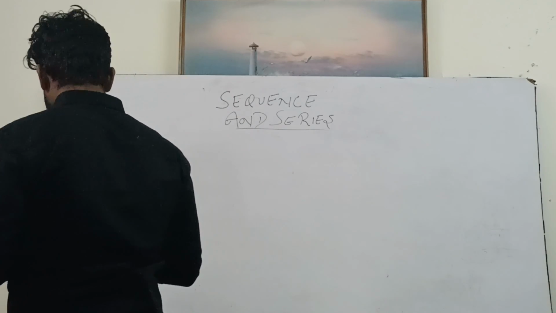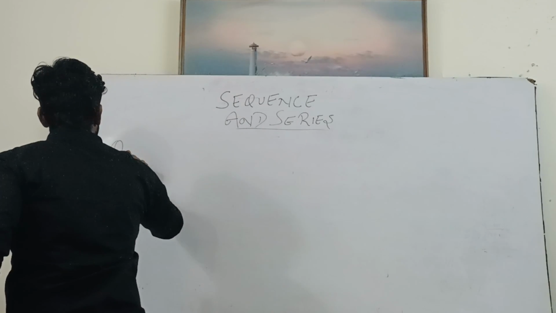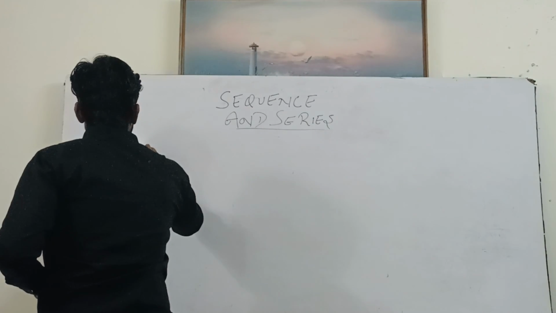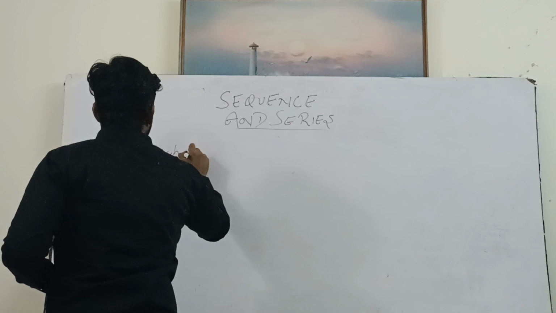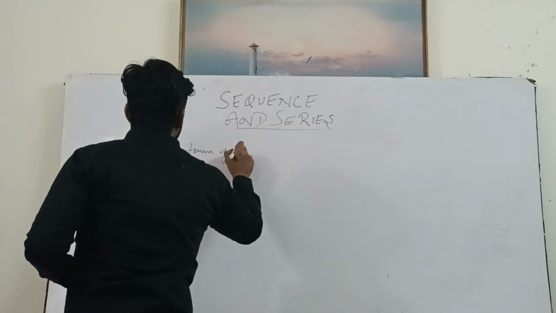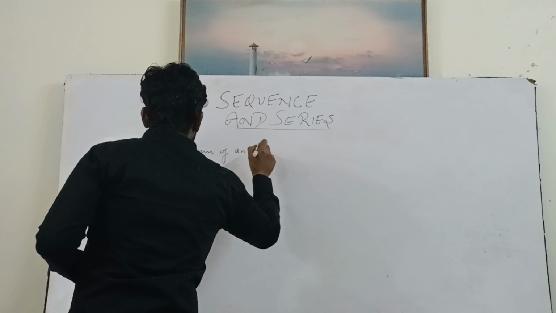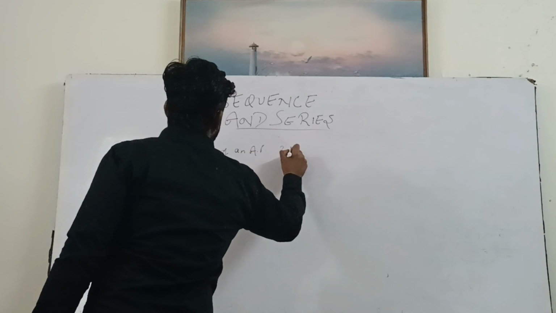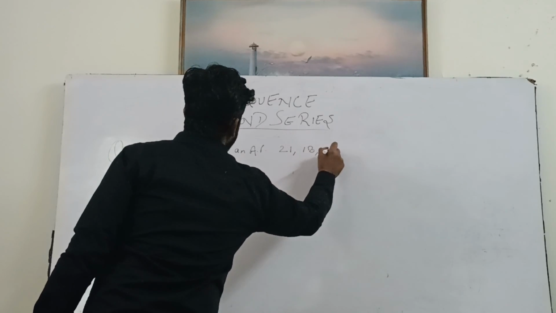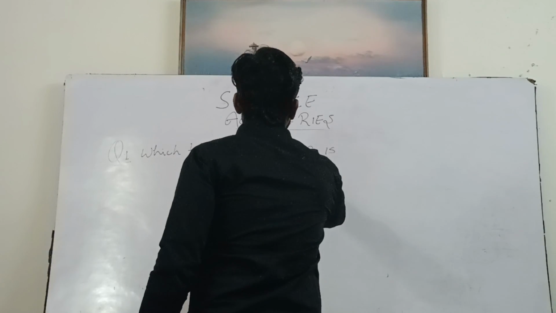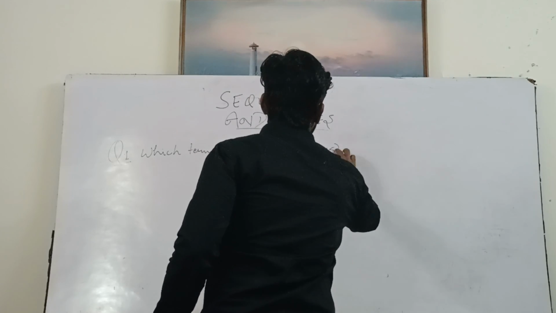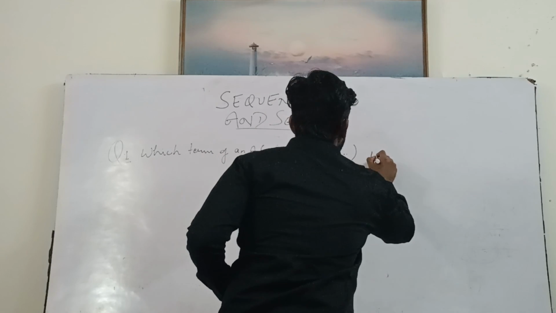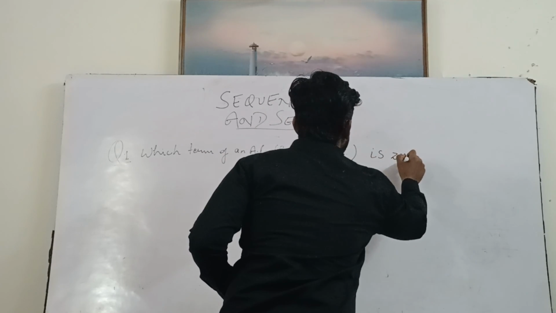And the first question of today's class is, please note this down, which term of an AP, and the AP is given to you, that is 21, 18, 15, dot dot dot, is 0.